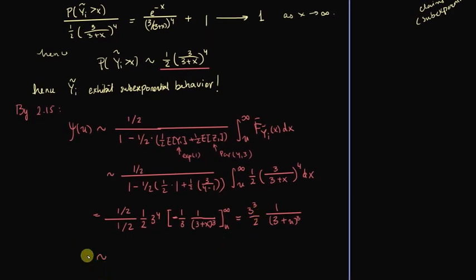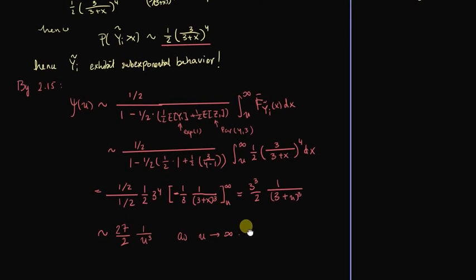Now, for u tending to infinity, whether we add a 3 to u or not actually doesn't really matter. So this is asymptotically equivalent to 27/2 multiplied by 1 over u to the 3rd. And this is a result that holds as u tends to infinity.